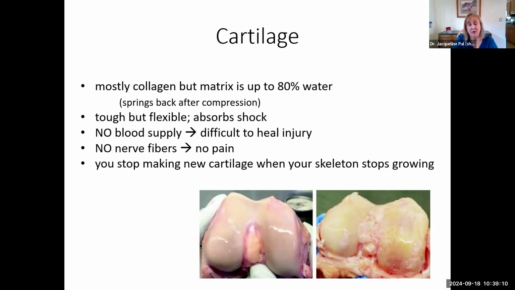So whereas when you're a little kid, you can jump off the walls and injure your cartilage, no big deal. When you're a parent, let your child show you up. Don't try to keep up with them. Because if you injure your cartilage, you're not making new cartilage.